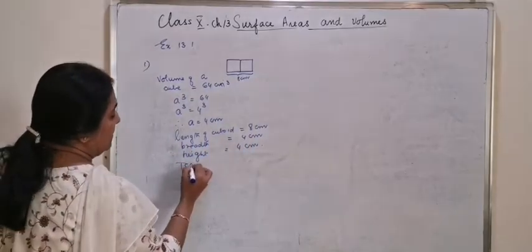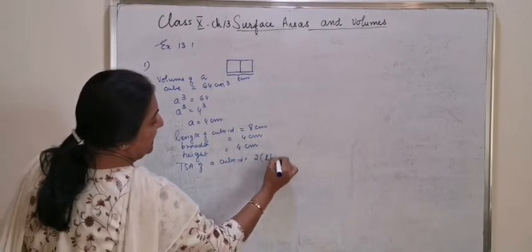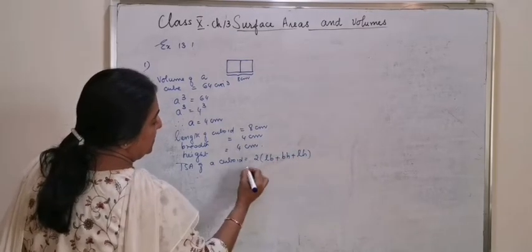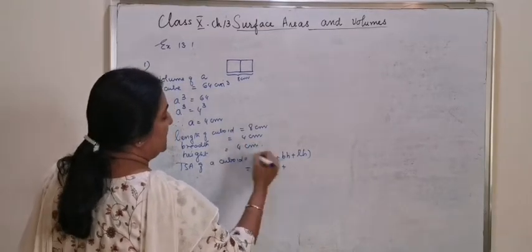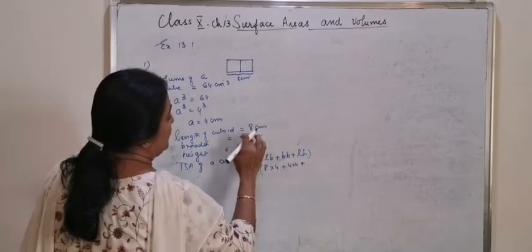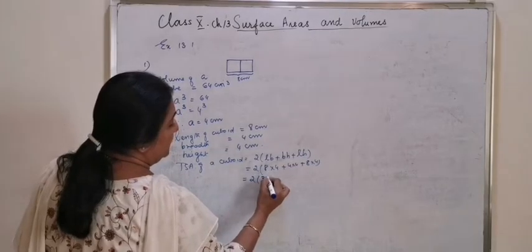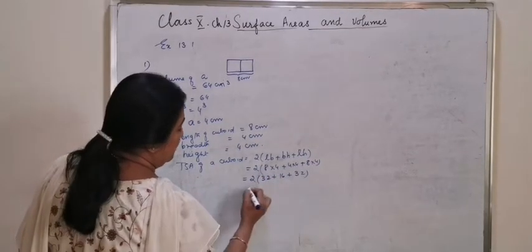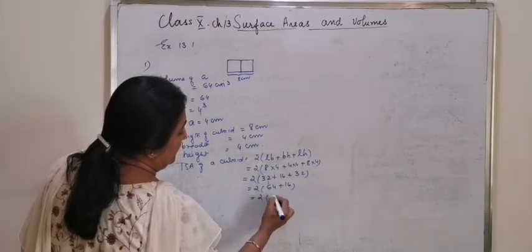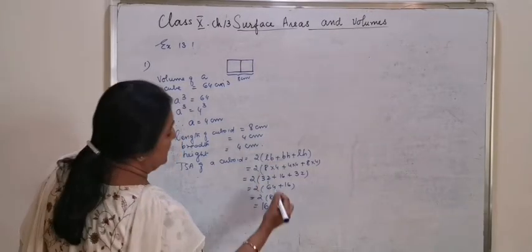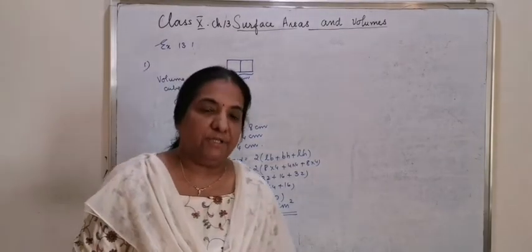So the total surface area of a cuboid is equal to 2 into (LB plus BH plus LH), which is equal to 2 into (8 into 4 plus 4 into 4 plus 8 into 4), which is the same as 2 into (32 plus 16 plus 32), 2 into 80, or it is 160 centimeter squared. That will be the surface area of the resulting cuboid.